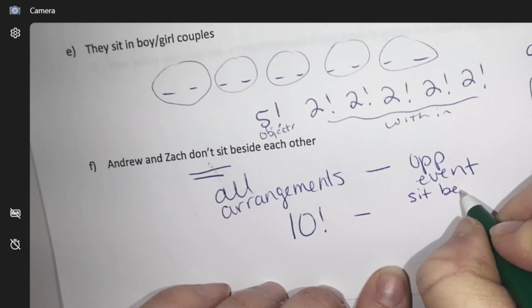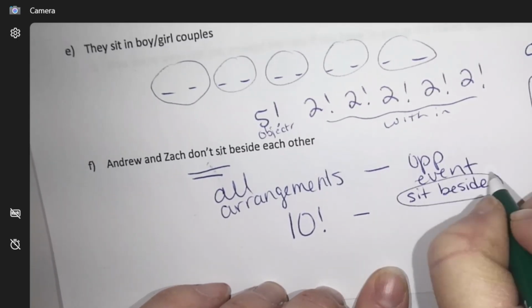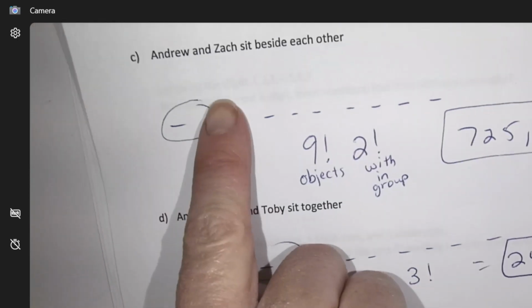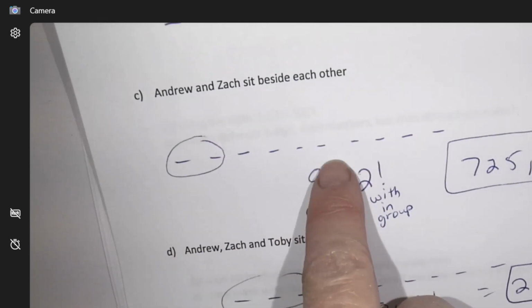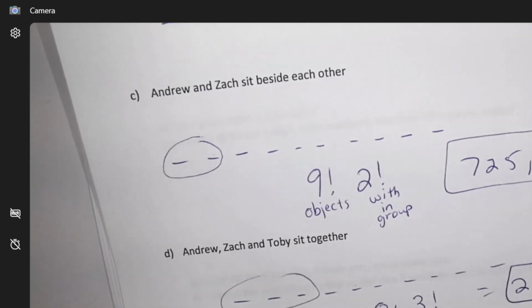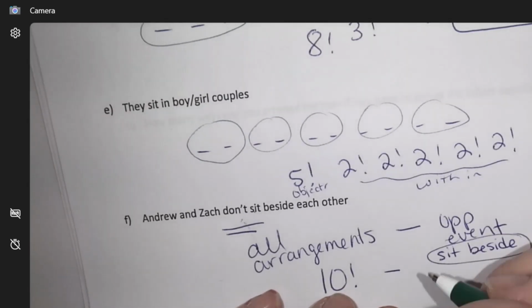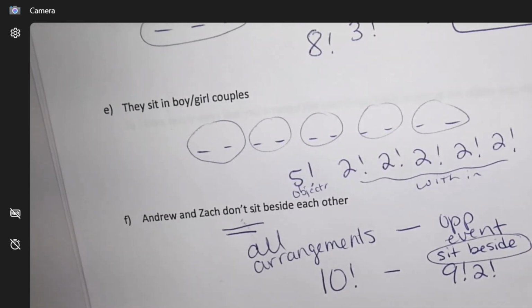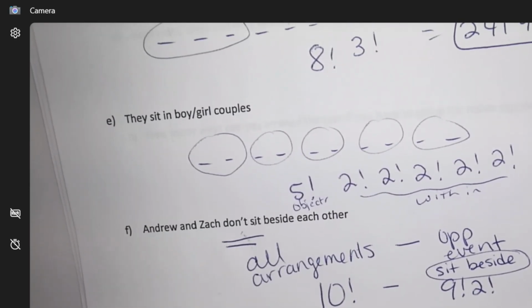If they sit beside each other. And that's also on our paper. If they sit beside each other, so that was this event. So 9 factorial, 2 factorial. Okay, and then you can calculate that now. So does that make sense? It's just all arrangements minus the opposite event.